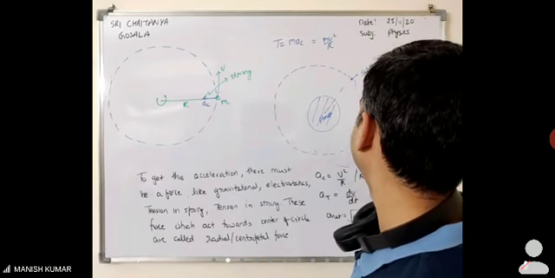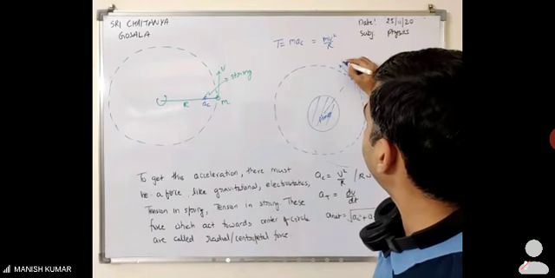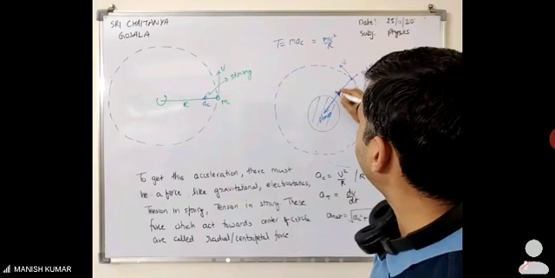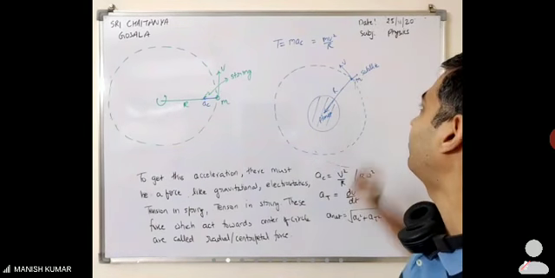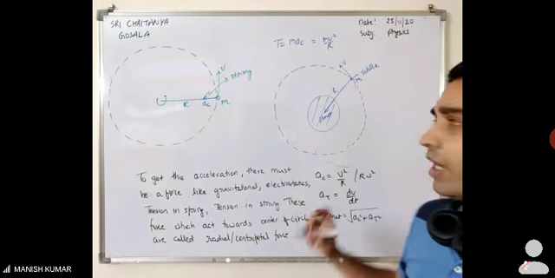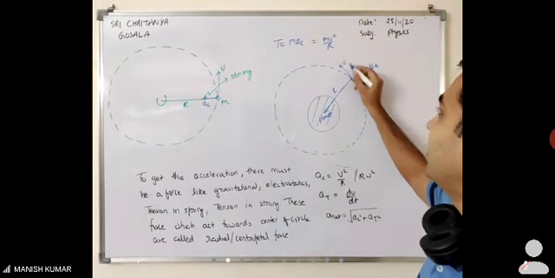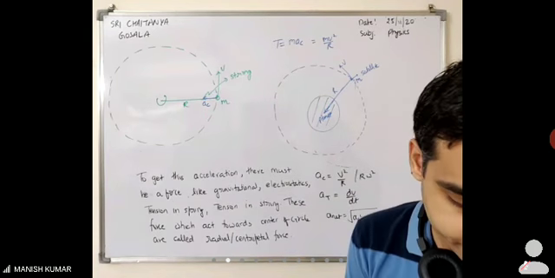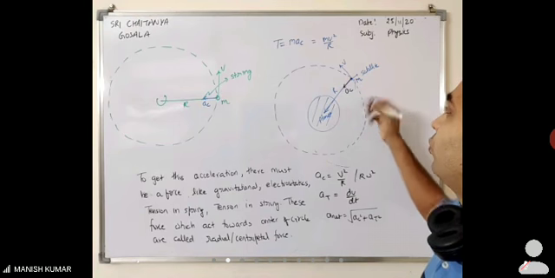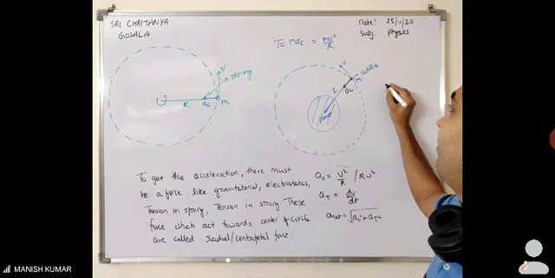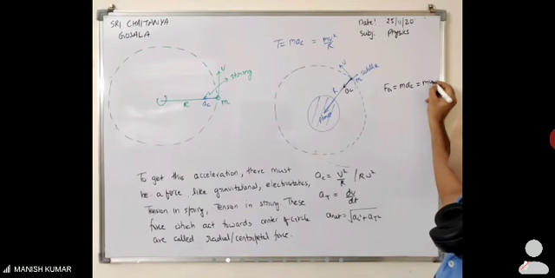Let's say the satellite is revolving with speed v at a distance r from the center of the planet, and has mass m. Again the satellite is revolving with some speed, so it must have centripetal acceleration towards the center. Yes or no? But who is providing this acceleration? It is the gravitational force which is providing this centripetal acceleration.